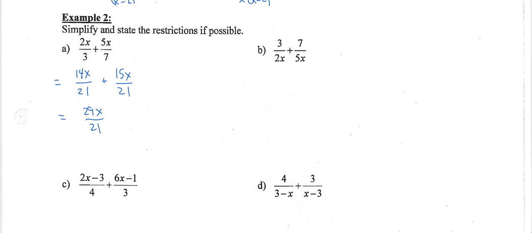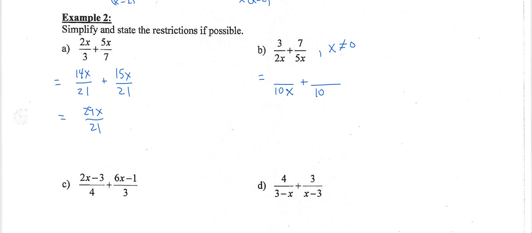Next question, I can see there are restrictions immediately. So let me write it. x cannot equal 0, because that will make the fractions undefined. Now I need a lowest common denominator. Between the 2 and the 5, I'm going to have 10. And I must have an x in the denominator so that the first fraction can be written.